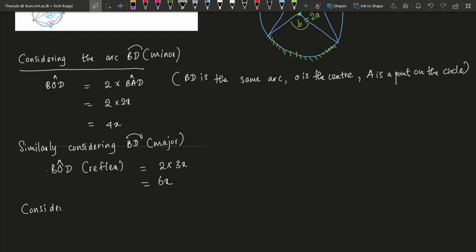Let's consider the angles around the point O. It's 4x plus 6x, that addition is equal to 360, right?